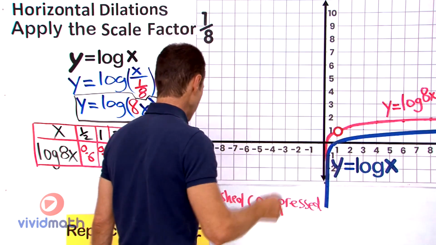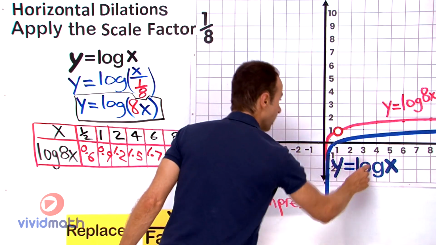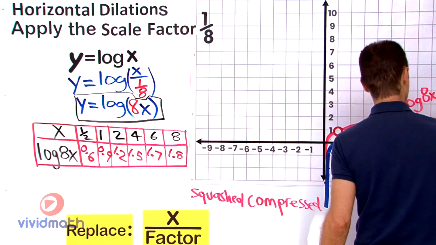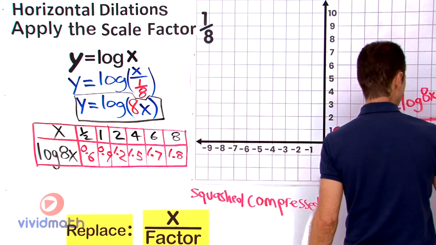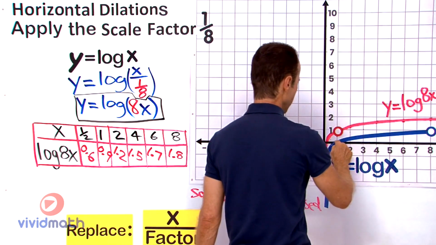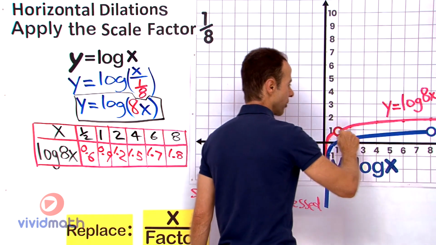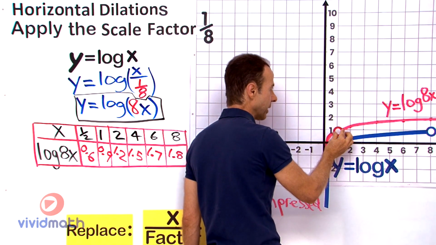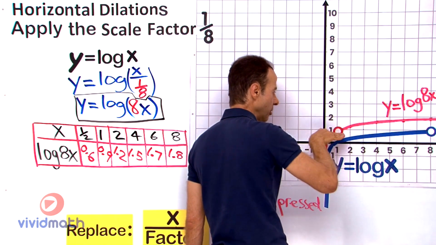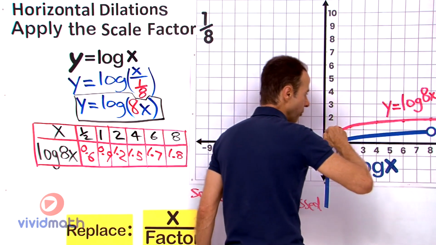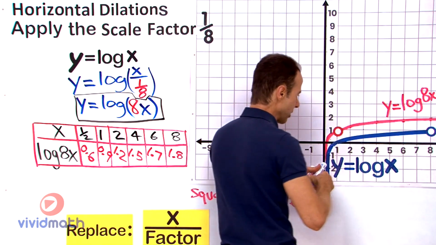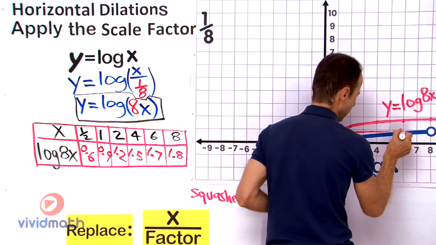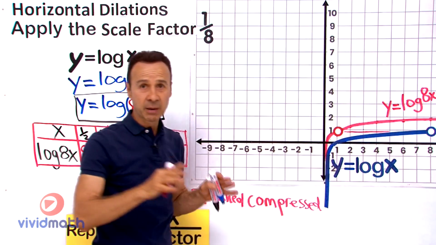And then for the original one, y equals log x, I want to find 0.9. 0.9 is at about 8, right there. So that's 1 and 8 on the same line. It's just below the 1, a little bit lower than 1 at 0.9.